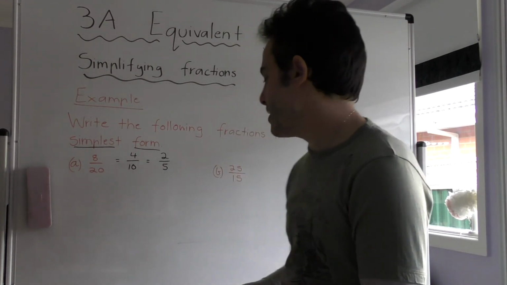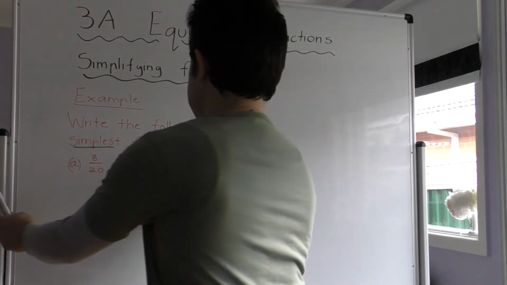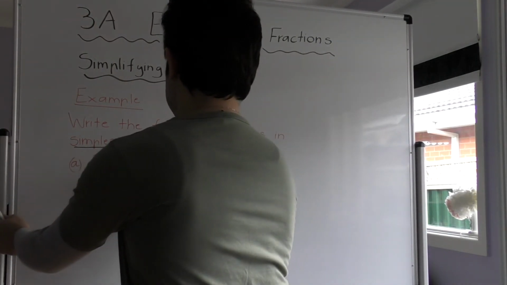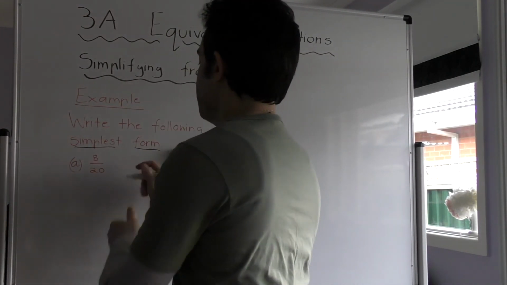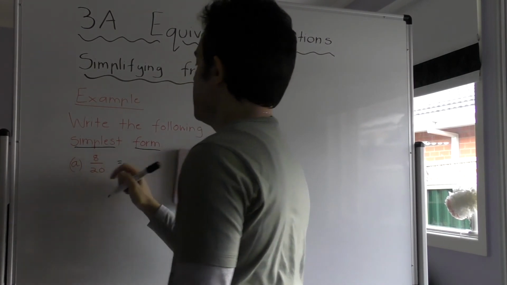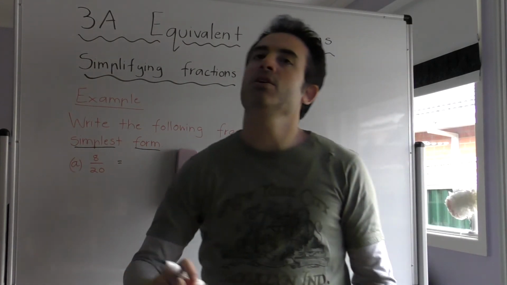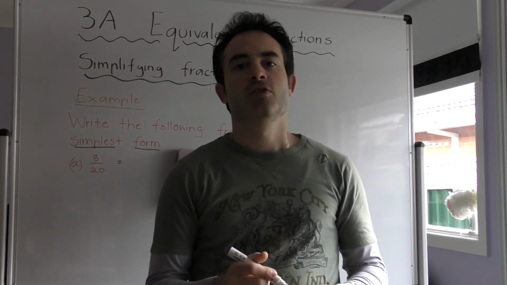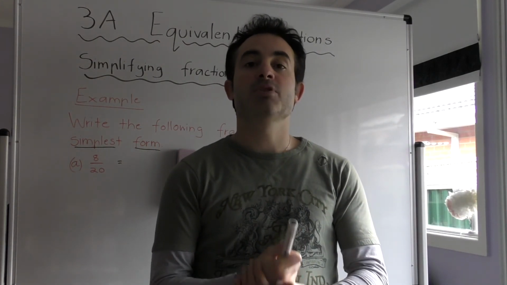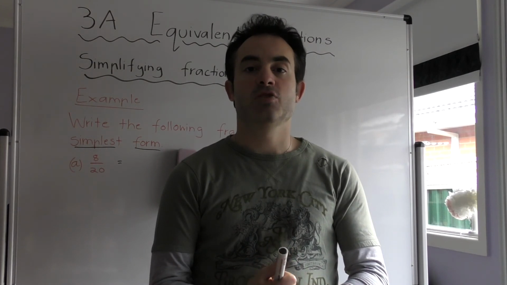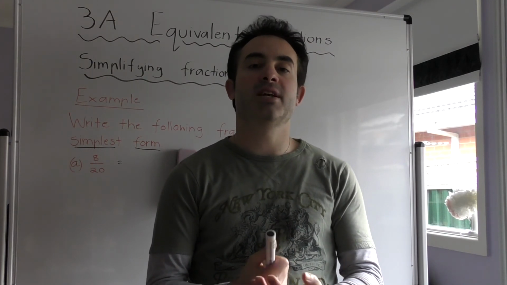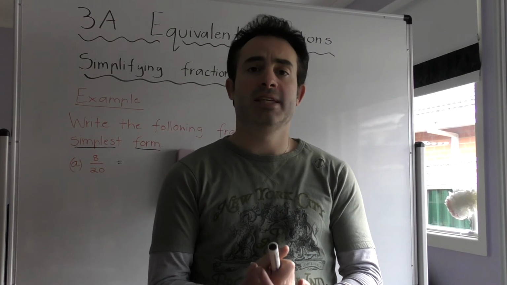Now what are factors? So let's do this one again now, and let's have a think about factors. So I've got 8 and I've got 20. So I have to think, okay, what are my factors of 8? So in other words, what numbers go into the number 8? So you have to think, what numbers can I multiply in order to get 8?